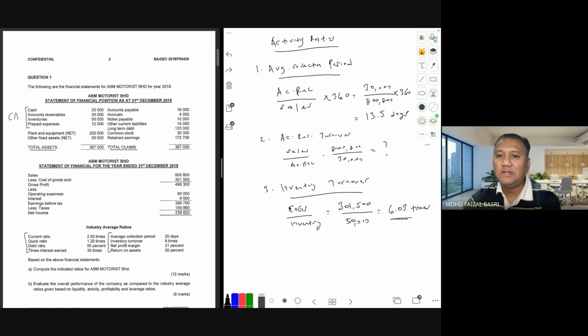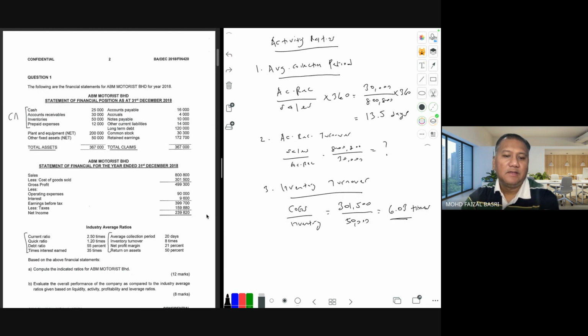Okay, so maknanya walaupun ABM motorist is less performing as compared to the industry average, you akan comment ABM motorist punya performance. Kalau tadi dia cakap better kan. So now you can say ABM motorist has a worse inventory turnover ratio as compared to the industry average.